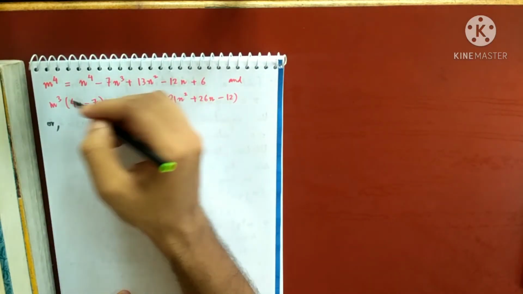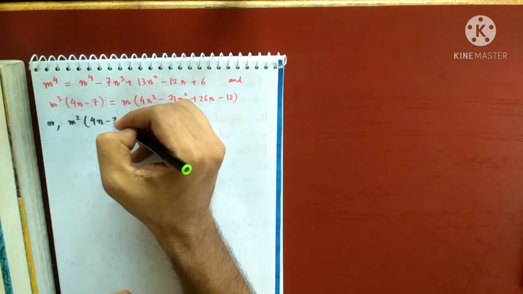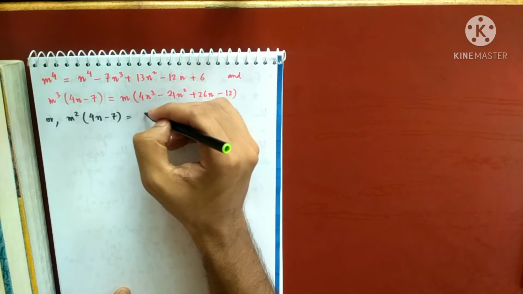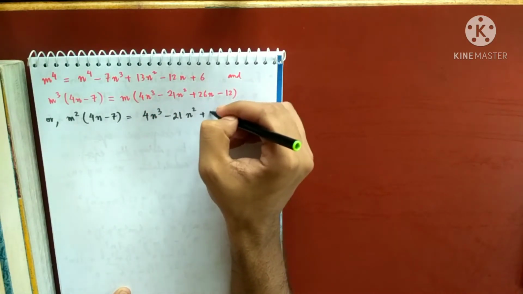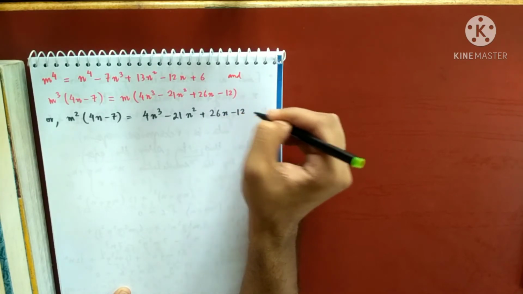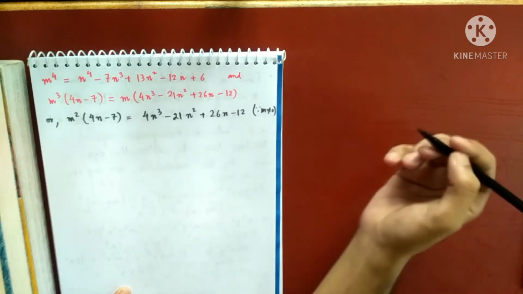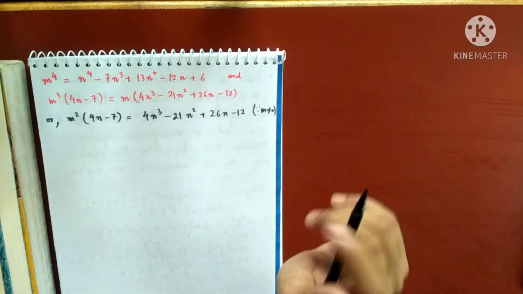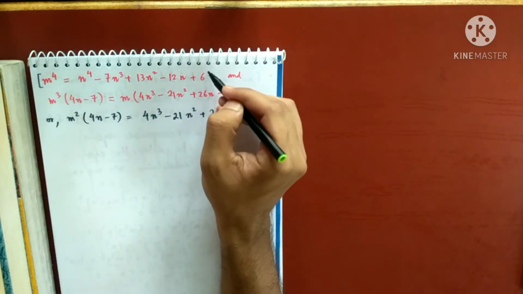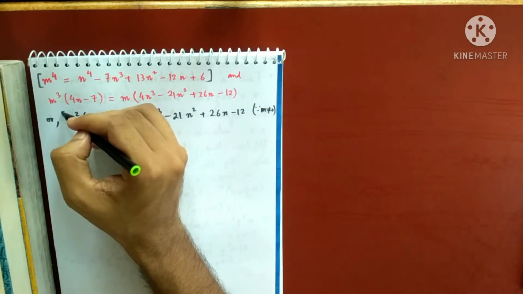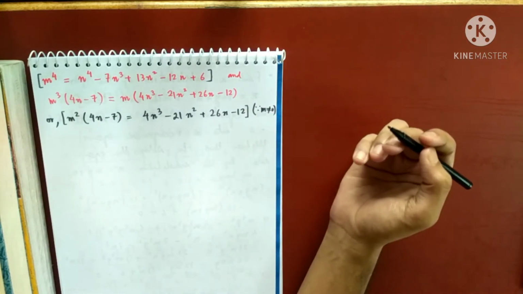So let's cancel one m. What I am remaining with, m square into 4n minus 7 equals 4n cube minus 21n square plus 26n minus 12. Definitely m is not 0, so I can cancel m from both sides of this equation. So I have this equation, and I have this equation. Using these, we have to get the values of m and n.